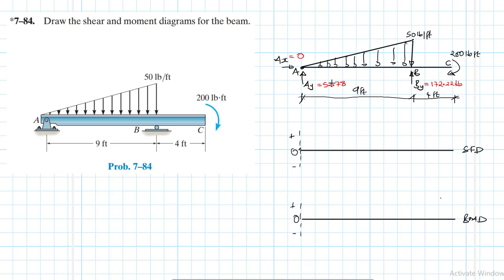Right, now let's do the plots. At A we expect a positive shear value of 52.78. So let's say maybe it goes up to somewhere there.